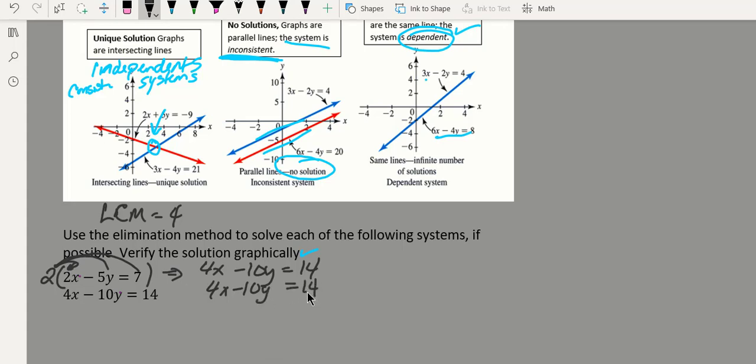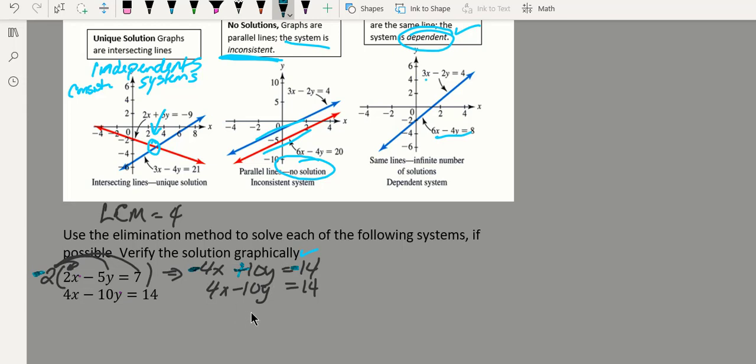Now, we can pretty much see right here, even before I change something, that if we're doing it by elimination and I add these two together, nothing would eliminate. So that means I have to change the sign. I really should have been multiplying this by negative 2. So this now becomes negative 4x, this becomes positive 10y, and this becomes negative 14.